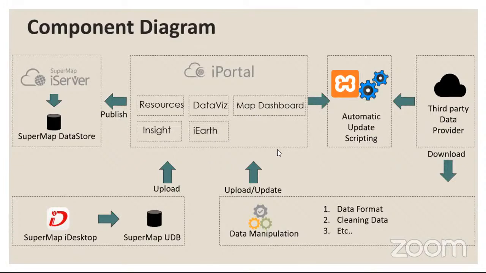This one doesn't need coding, but iPortal doesn't stand alone. It needs another server or desktop for it. For iServer, you will publish your services here before you upload them into the portal.